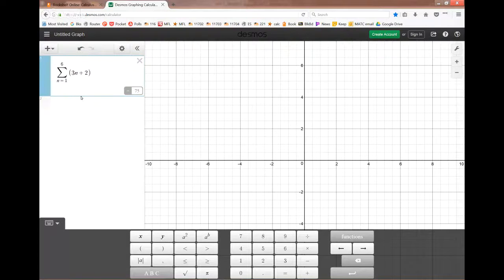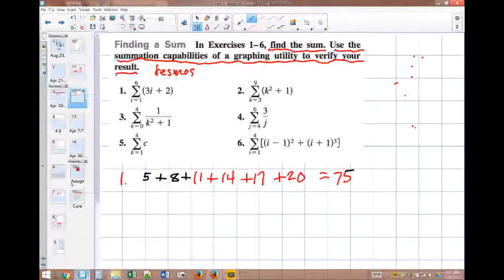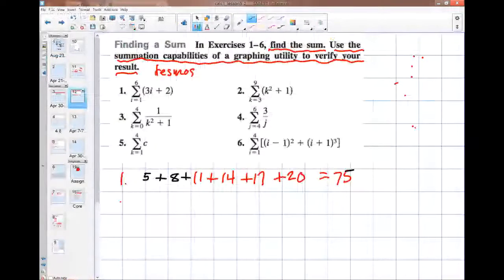Let's go back now to, let's do another one. Let's do number 3. So what do we got going on here? Well, when k is 0, we've got 1 over 1, which is 1. When k is 1, 1 over 1 squared plus 1, so 1 over 2.